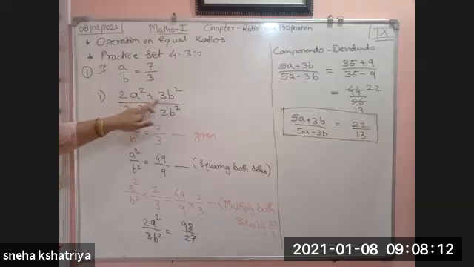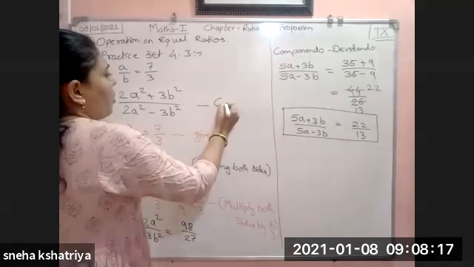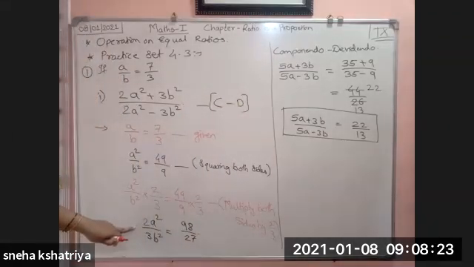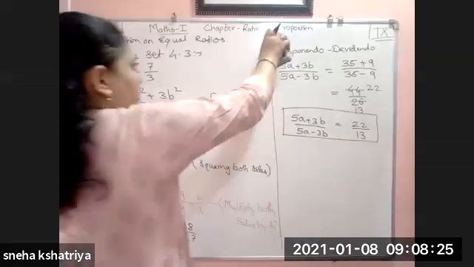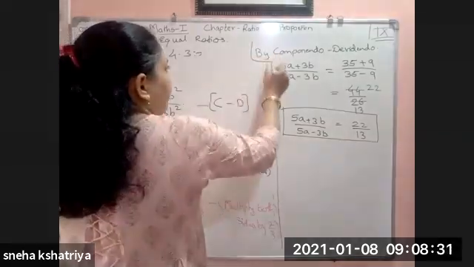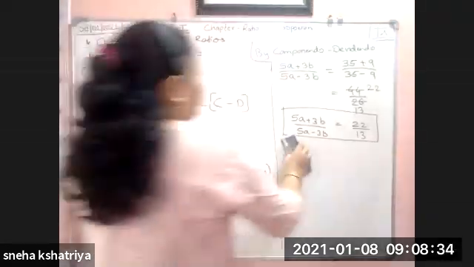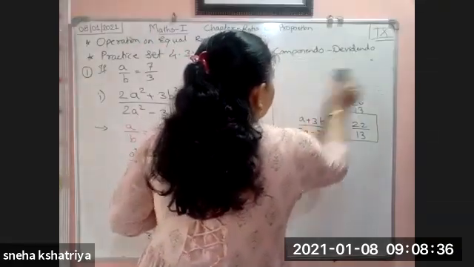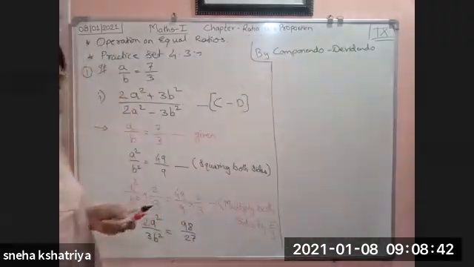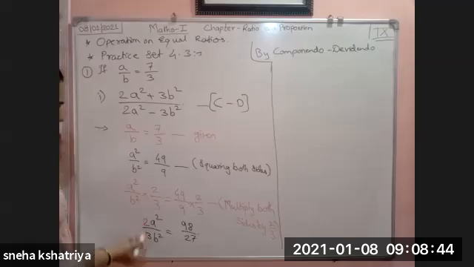See here, at the numerator addition is there, at the denominator subtraction is there. Again here we can use componendo and dividendo. By componendo dividendo, we have to do numerator plus denominator divided by numerator minus denominator.